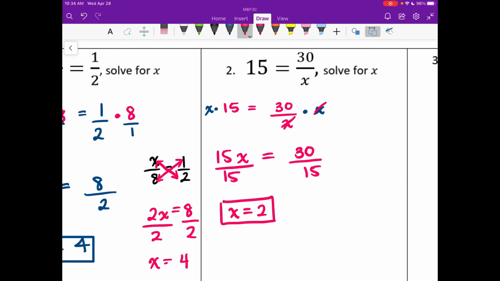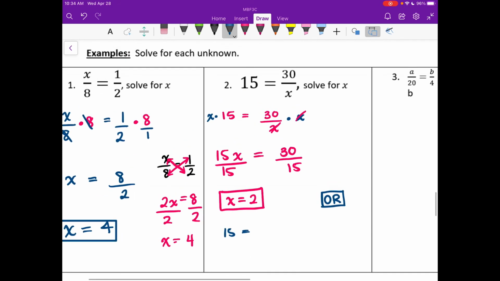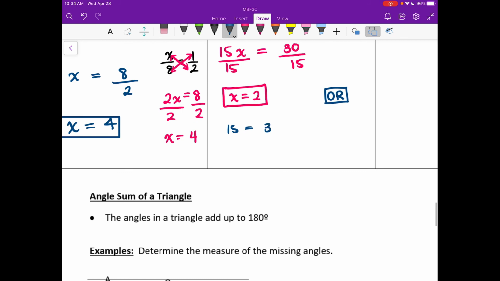Again, cross multiplication will work here too, and I'll do that. If I had 15 equals 30 over x, and I pretended that this was 15 over 1 because any whole number is just over 1, right?